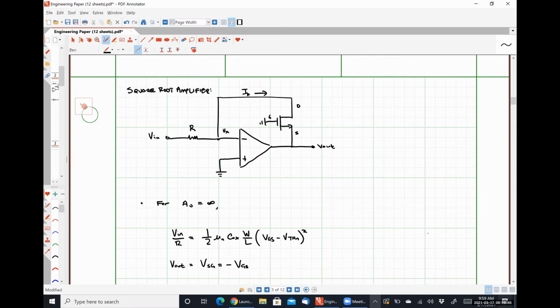So what we should expect is that our current should start flowing in the opposite direction because the source and the drain trade places. However, the nominal drain right here is at a potential of 0, and the gate is at a potential of 0. If the source and the drain switch places, we would no longer have a diode connected MOSFET, so it's no longer forced to be in the saturation region.